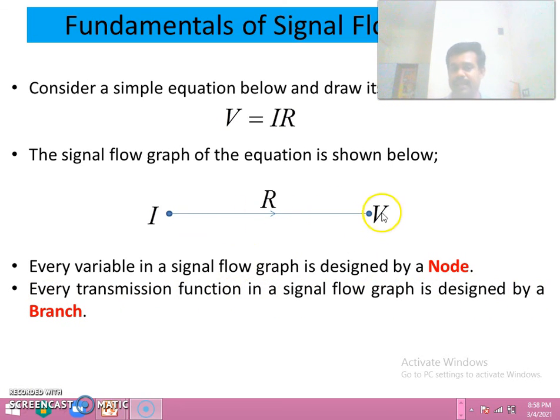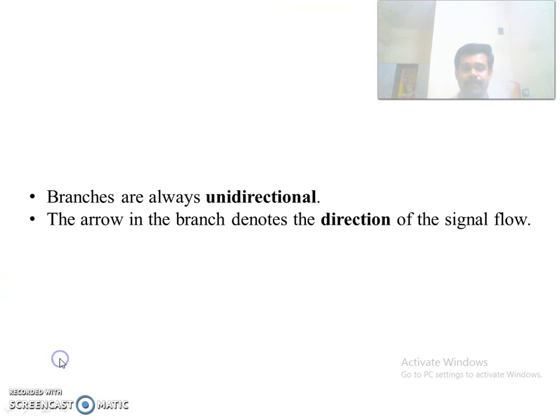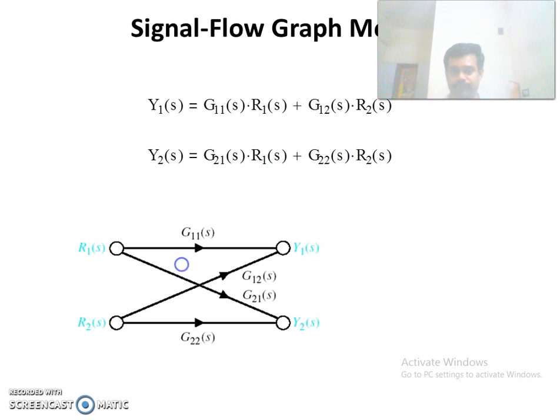So this is the branch, and the current is flowing through this branch and is multiplied by this R. Now already I told you that branches are unidirectional. The signals will flow in only one direction. The arrow in the branch denotes the direction of the signal flow.